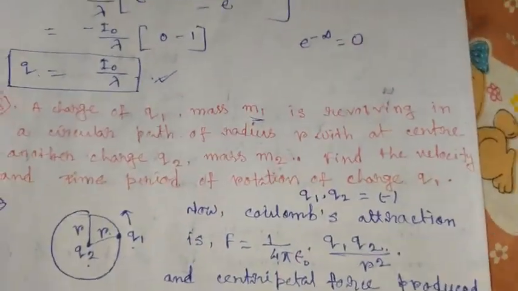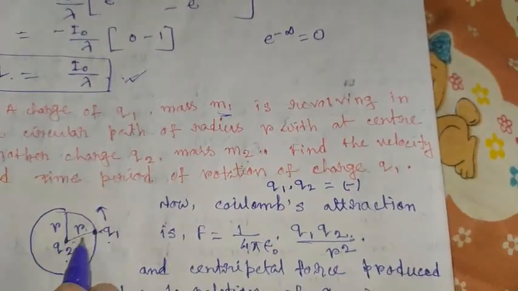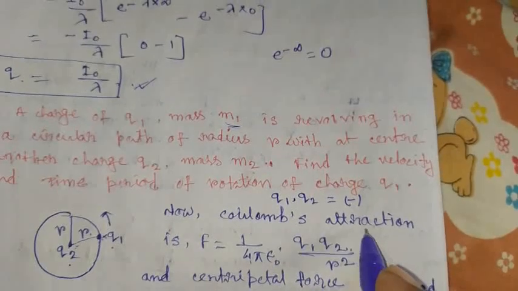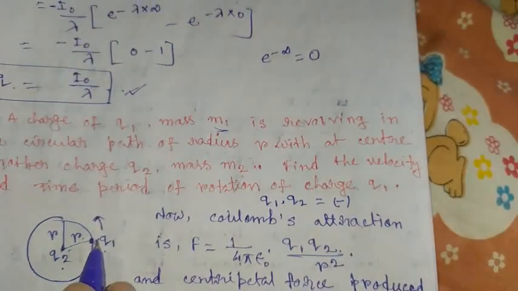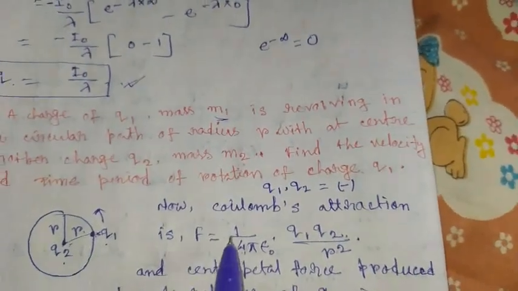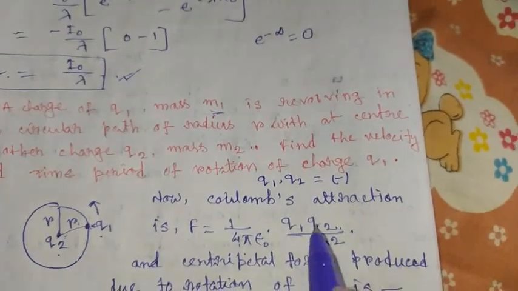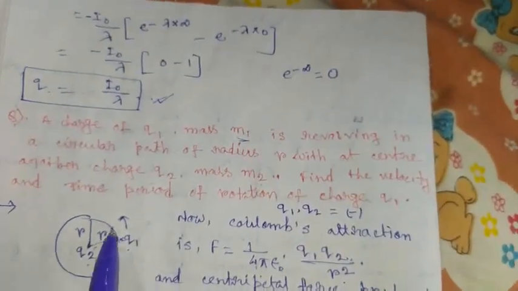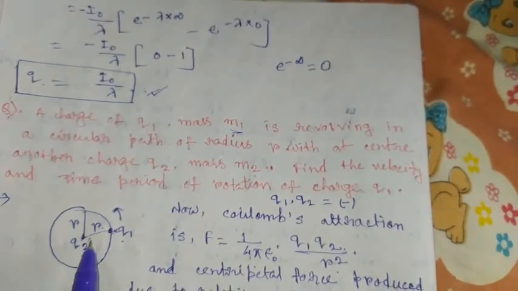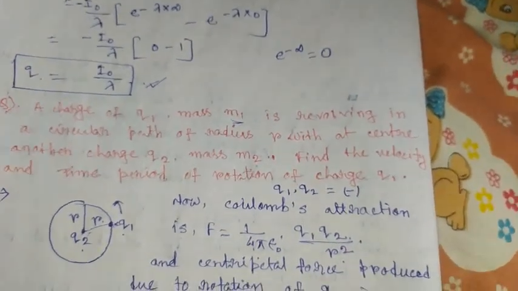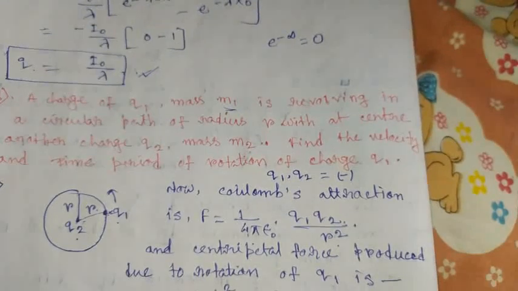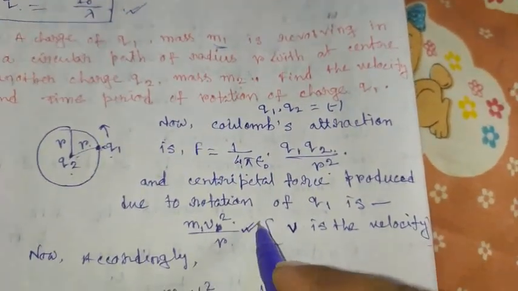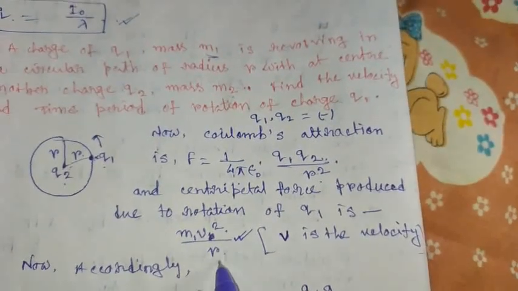So now between these two charges there is a Coulomb attraction. According to Coulomb's law, the force between these two charges is F equals 1 by 4 pi epsilon naught Q1 Q2 by r square. And due to the rotation of Q1, a centripetal force is also produced, which can be written as m1 v square by r.